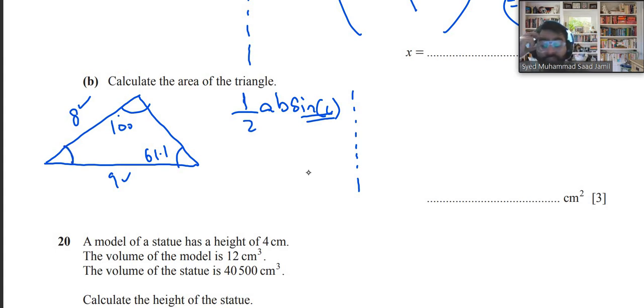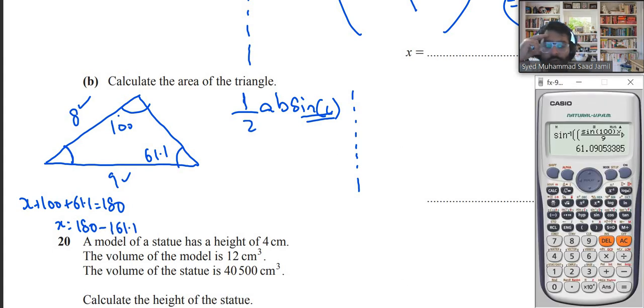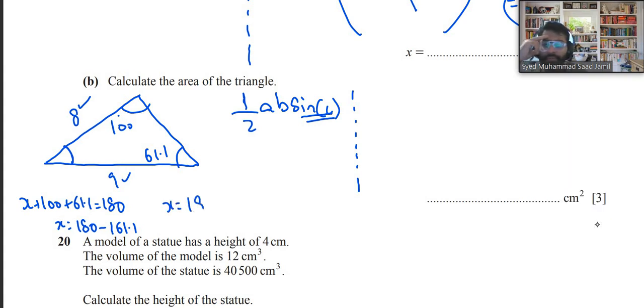So first I will find this angle. So x plus 100 plus 61.1 is equals to 180. X is equals to 180 minus 161.1. X is equals to 18.9, so x is equals to 18.9 degrees.